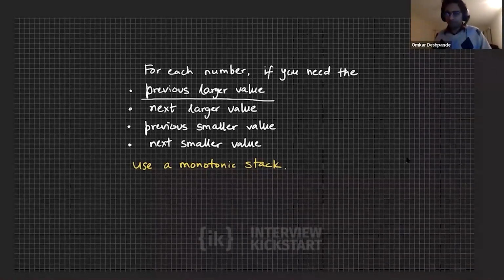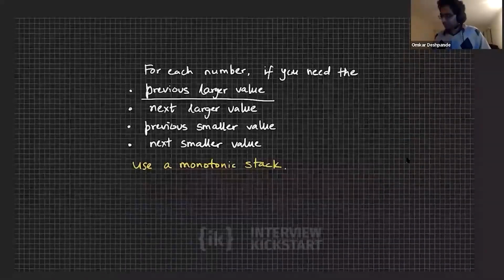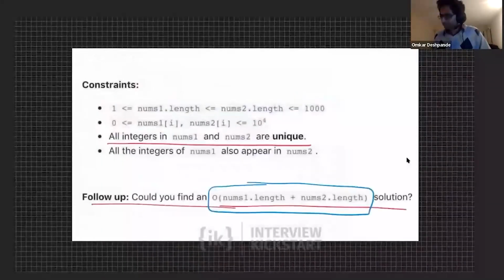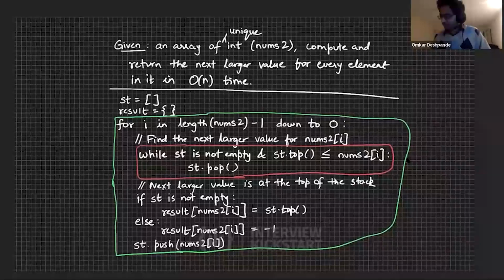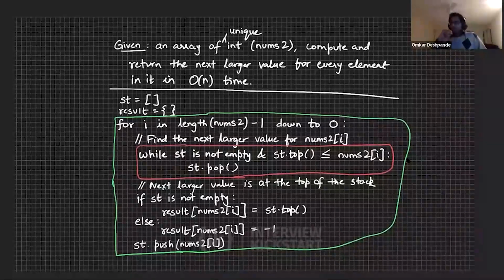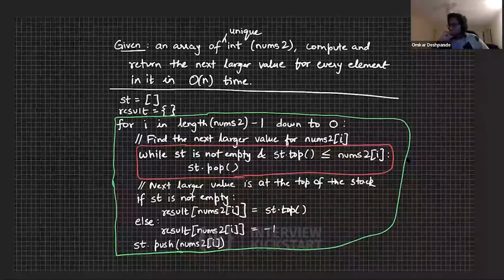Ashok? Yeah, can we go back to the previous code we wrote? Yeah. So when we start looping through the array from right to left, let's think about the rightmost element.